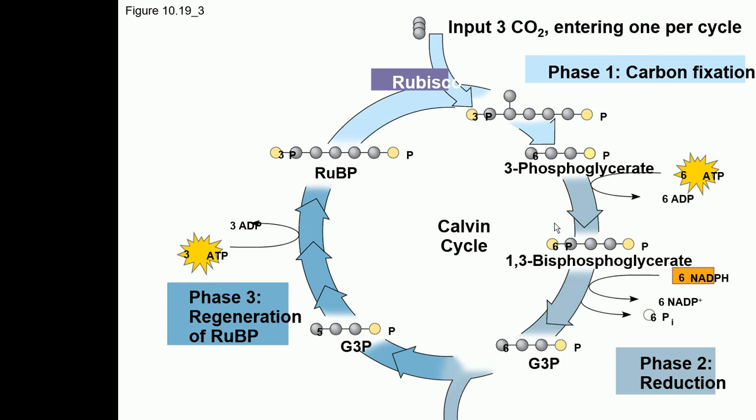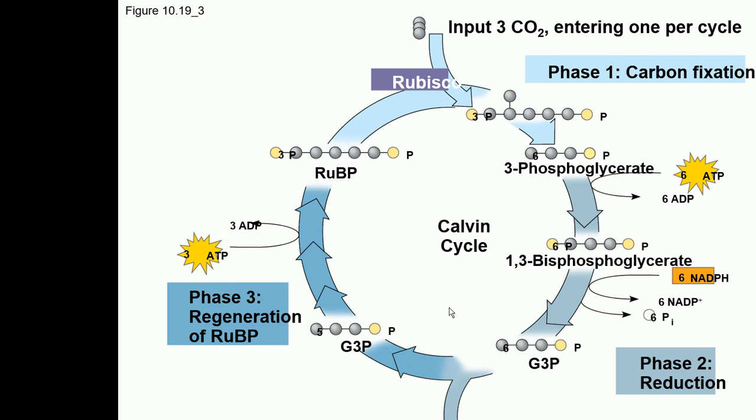So 6 molecules of NADPH are going to give electrons to 6 molecules of 1,3-bisphosphoglycerate, and as a result, 6 molecules of glyceraldehyde 3-phosphate are formed.